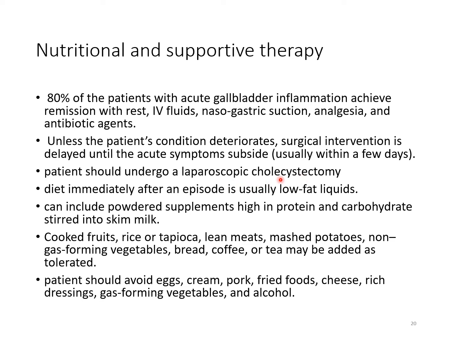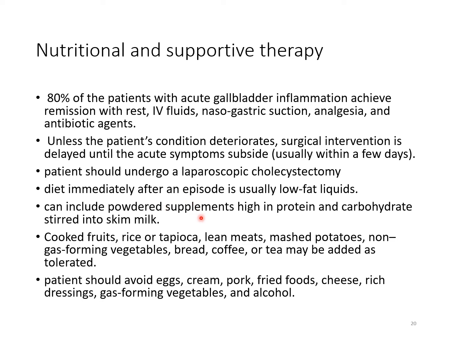After they've had that, usually you're going to advance the diet as tolerated. Of course, they're going to be NPO initially, but then you're going to advance the diet as tolerated, and it's most likely going to be low fat, no matter what it is. Low fat liquid, low fat regular food, whatever it is, it's low fat initially, and then you can advance accordingly.